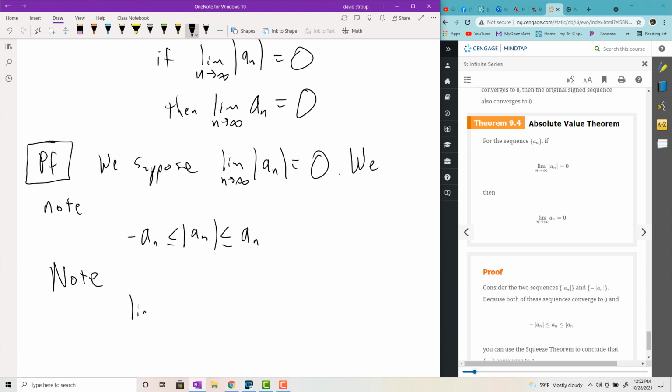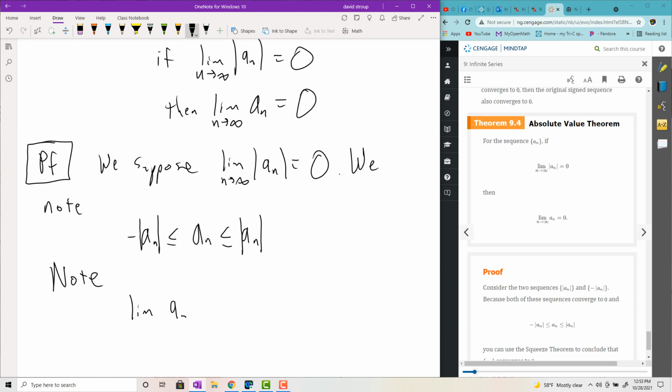So note the limit of just regular old a sub n, and oops, I started off wrong. I need to adjust that inequality. I'm sorry, it's not quite right for what I need, because I need to be able to use the absolute value, the limit of which is equal to 0. So this is also true, right?